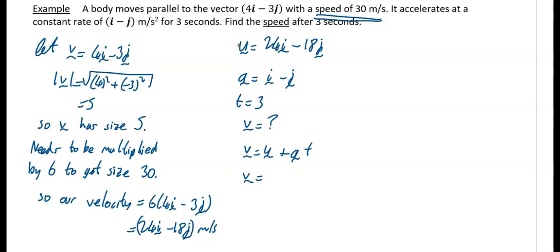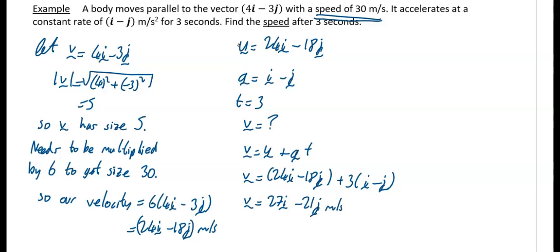So your v is going to be equal to 24i minus 18j plus 3 times my acceleration, which is i minus j. And if you do that out, I would do out my calculator, do the i's first. 24 plus 3 is going to be 27i, and then minus 18 plus 3 times minus 1 is minus 18 minus 3, which is going to be minus 21j meters per second.